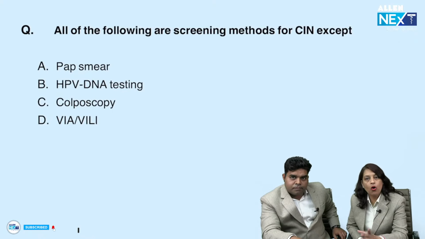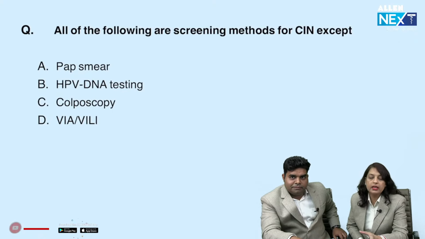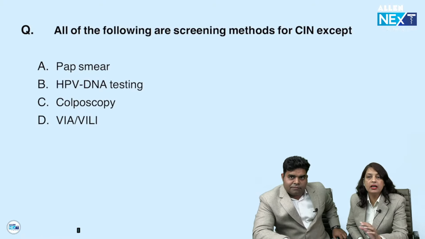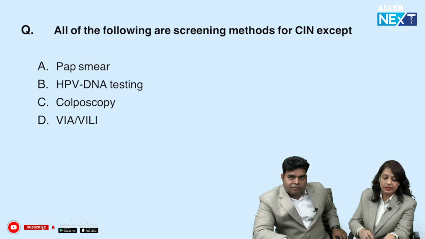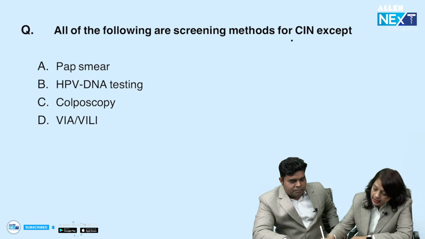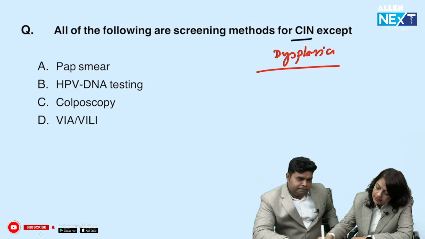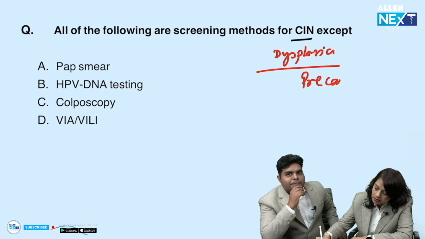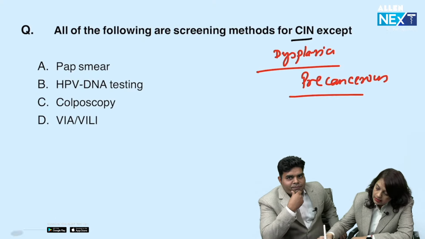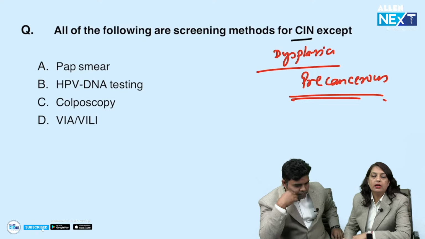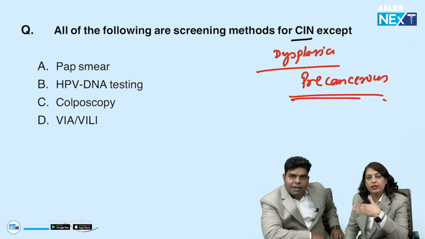The question is, all of the following are screening methods for CIN, that is cervical intraepithelial neoplasia, which is called dysplasia. Dysplasia is a precancerous condition, and there is mild dysplasia, moderate or severe.